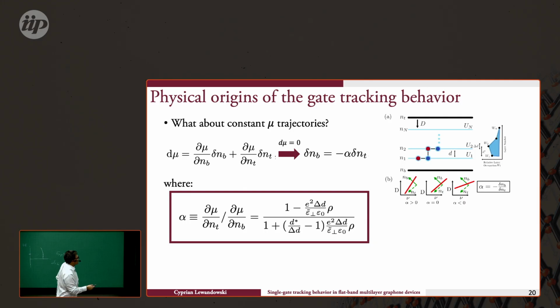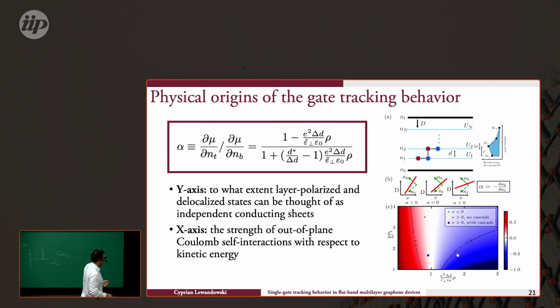So now this alpha can be expressed in the parameters of my model, and that's a very nice expression that I can now analyze in this form, that I have two axes. The y-axis is a way to capture to what extent I can think of the system as delocalized sheets, meaning that if my charges were polarized to one layer, if my charges have very low spread, then that means delta D is 0, and then I am pushing along this y-axis.